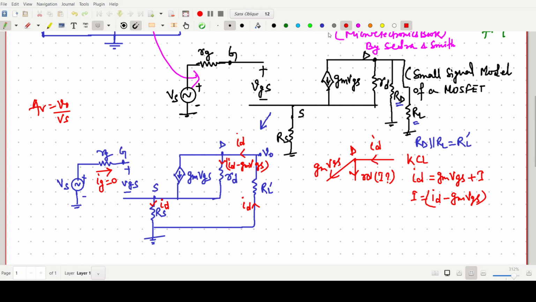Okay. So now after that, we have to apply KVL in this loop, say loop 1. So by applying KVL in loop 1, how to write the equation?